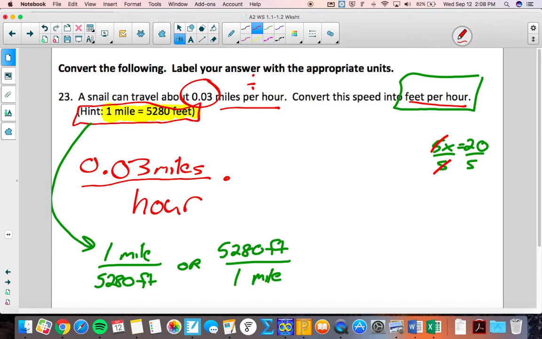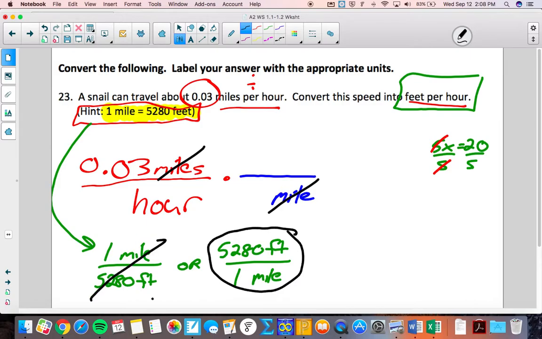We're going to do the same thing with miles. We have miles on top, so we want miles on the bottom, because that way they will cancel out, right? So which fraction do I have to use? This fraction, because that fraction has miles on the bottom, so my miles units will cancel out.